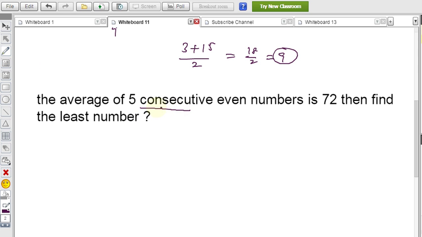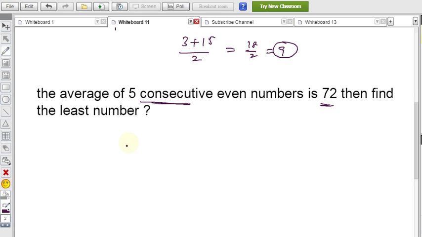Here there is a term, consecutive, and the average of 5 consecutive even numbers is given as 72. Consecutive is nothing but continuation. For example, if 2 is one number, the next consecutive even number is 2 plus 2, that is 4, then 6, then 8.